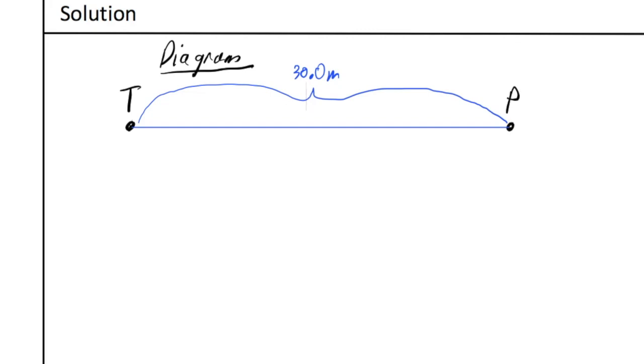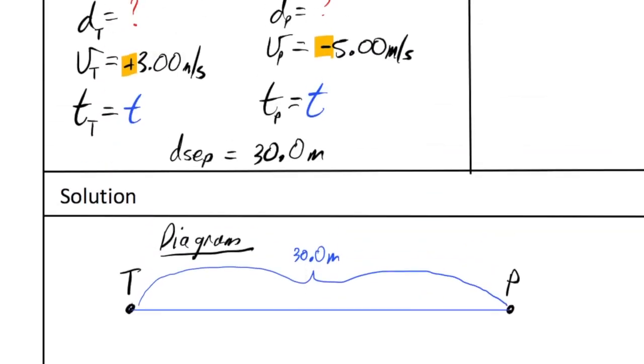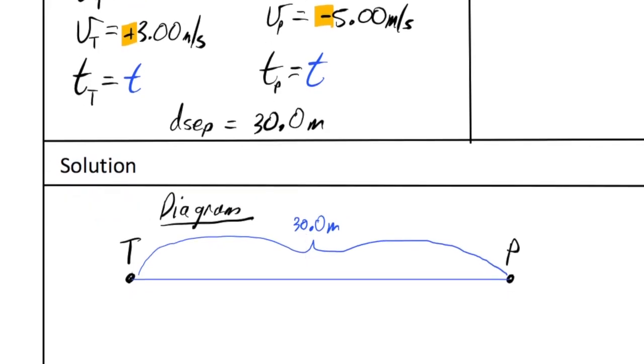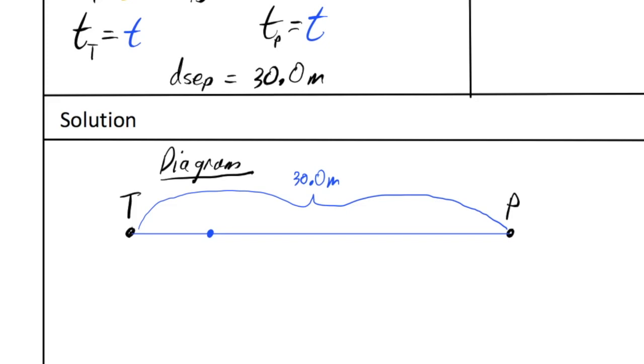Since Tom is running at a slower rate than Phil, the meeting point will be closer to Tom as opposed to Phil. So it won't be right in the middle. It'll be somewhere over here. Well, maybe not quite that close. Yeah, that's more realistic. I don't know where this position is. That's actually one of the things we're asked to find. So we're looking for the position X.